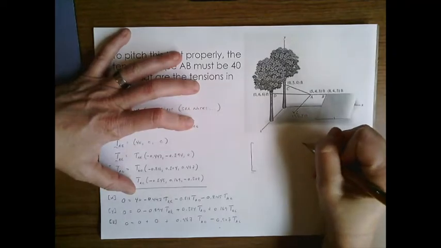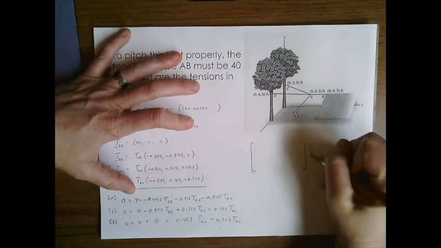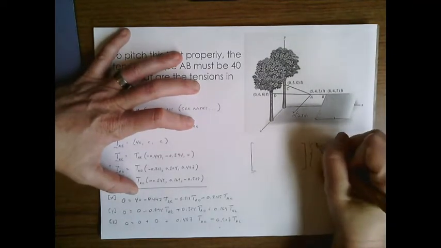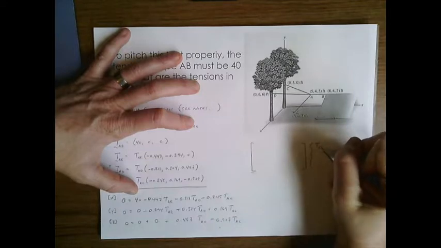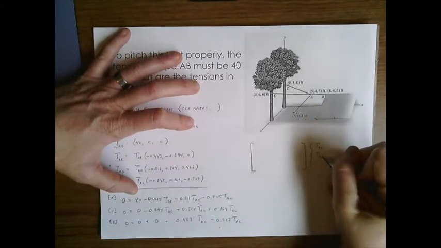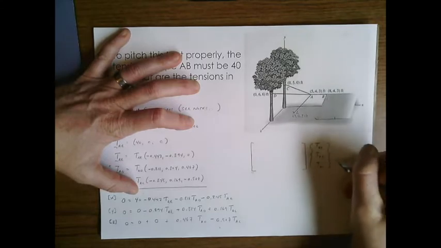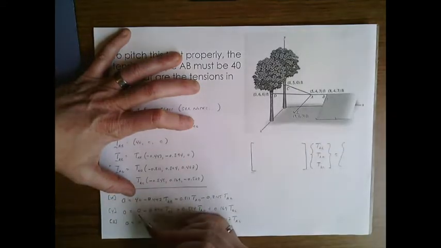I'll leave that blank for just a sec, times this vector TAE, TAD, TAC, my three unknowns, is equal to the resultant on the other side.